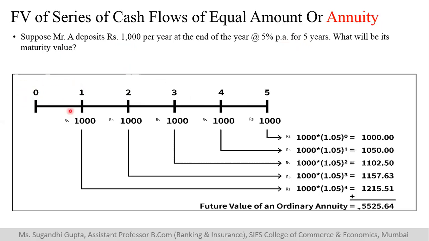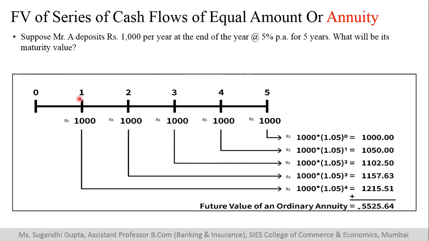So he is depositing here. He is not depositing money here. Okay, that's the first thing. Now, this 1,000 rupees which he has deposited in the first year will remain with the bank for 1 year, 2 years, 3 years, and 4 years. And hence, if you see, it will be compounded 4 times, right?